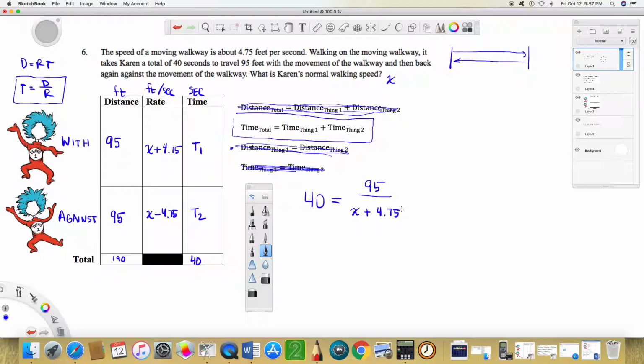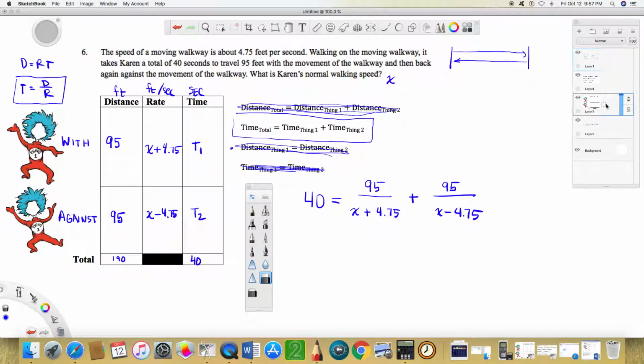Sidewalk's helping you move faster, moving sidewalk. And for thing 2, the moving sidewalk, you're walking against it, it's slowing you down. So we have one equation and one unknown. All right, so this equation is going to take us a little bit more time and effort to solve.